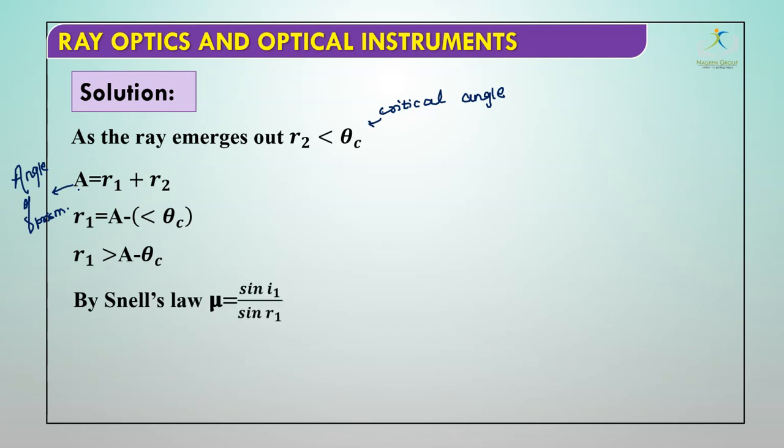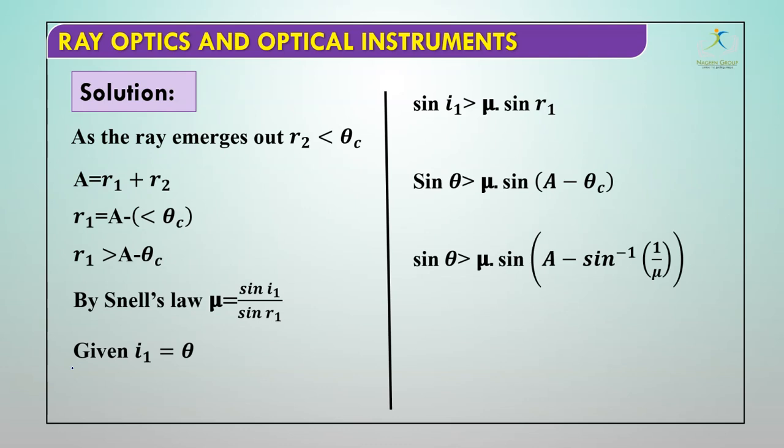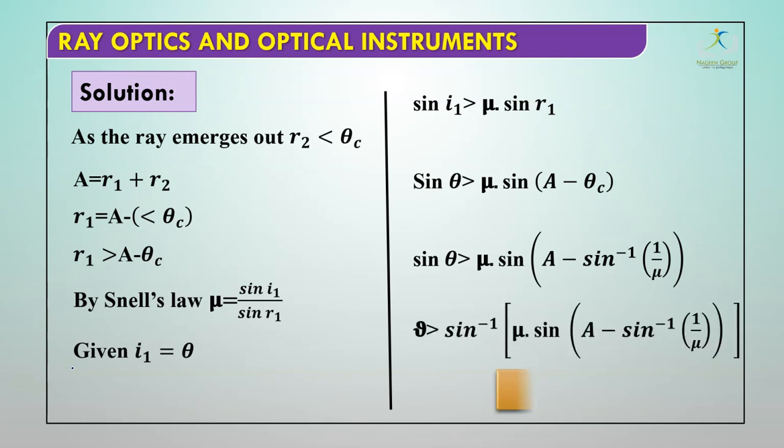And by Snell's law, we can say mu is equal to sine i by sine R1, where i1 is equal to theta. From here, we can say sine i1 is greater than mu sine R1, and sine theta is greater than mu sine R1. The value of R1 I am just going to put as A minus theta c. So the result which we will get: sine theta is greater than mu times sine of A minus sine inverse 1 by mu. From the options we can say that the correct option is the first.